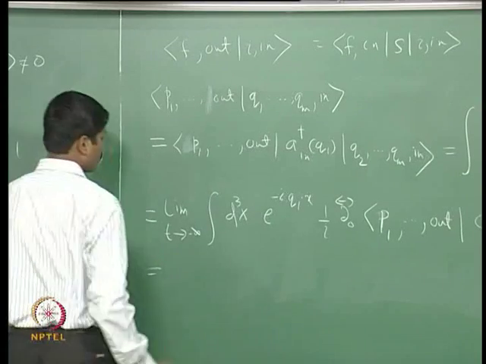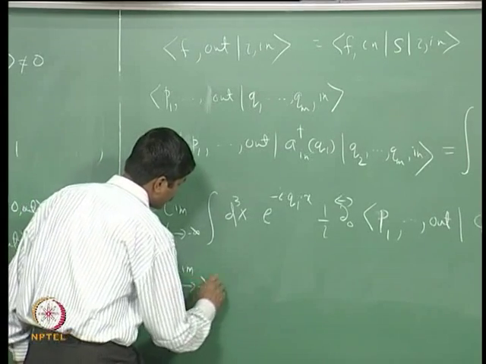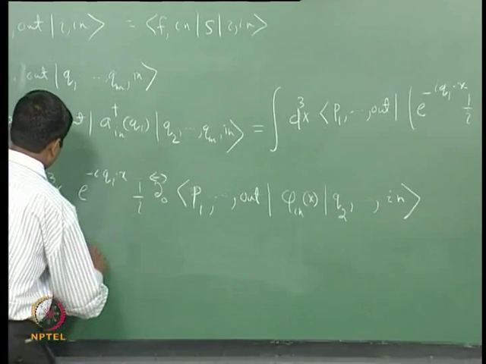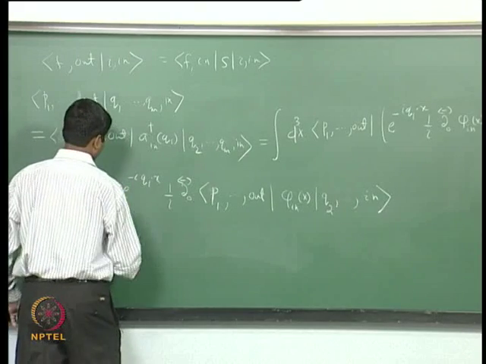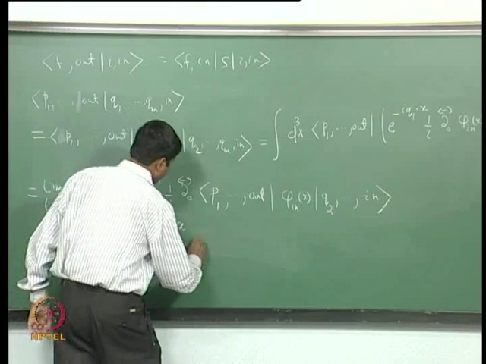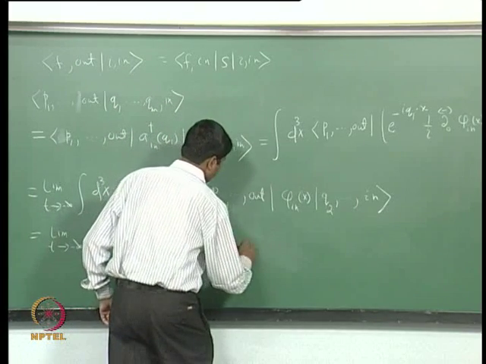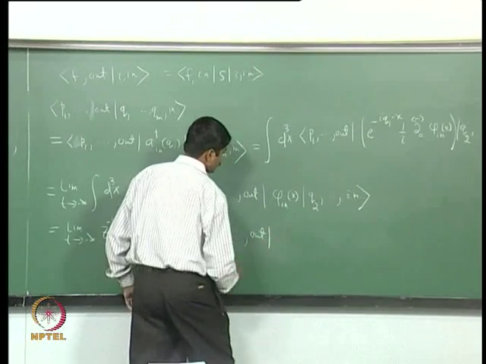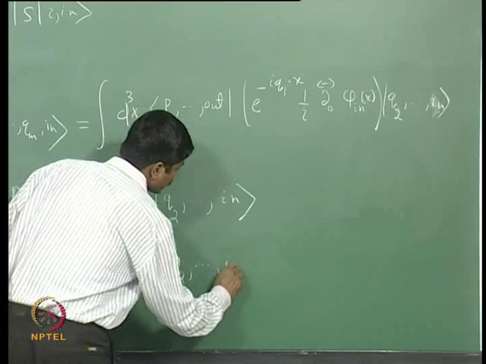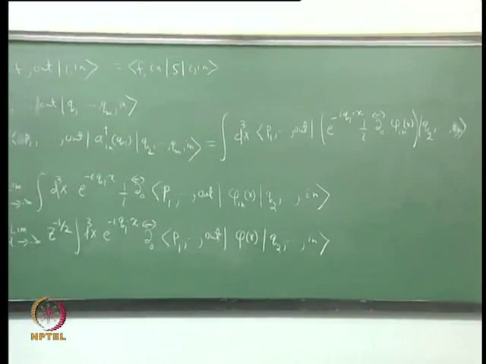So, this quantity is equal to the limit t goes to minus infinity of z to the power minus half, integration d cube x e to the power minus i q1 dot x del 0, p1 up to pn out, phi of x, q2. There is a 1 over i.